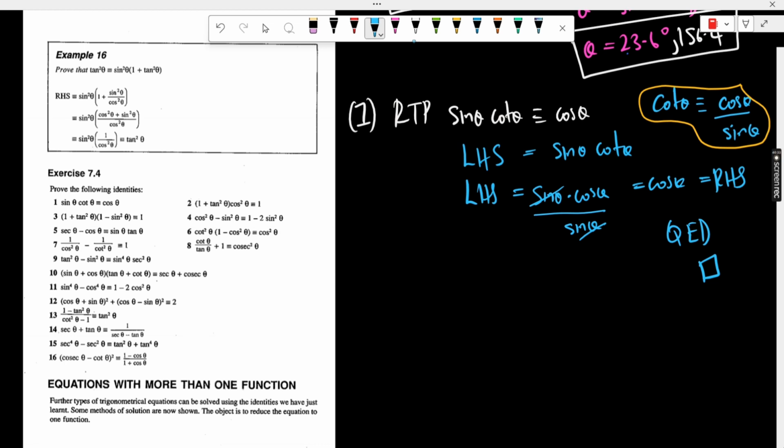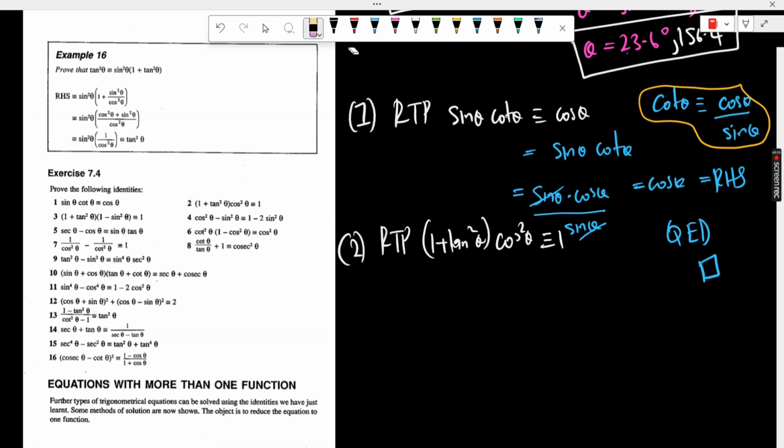All right, so let's look at the second one. Number 2 says that we want to prove, RTP, that 1 plus tan squared theta times cos squared theta is equivalent to 1. That is what we are going to try to prove now.